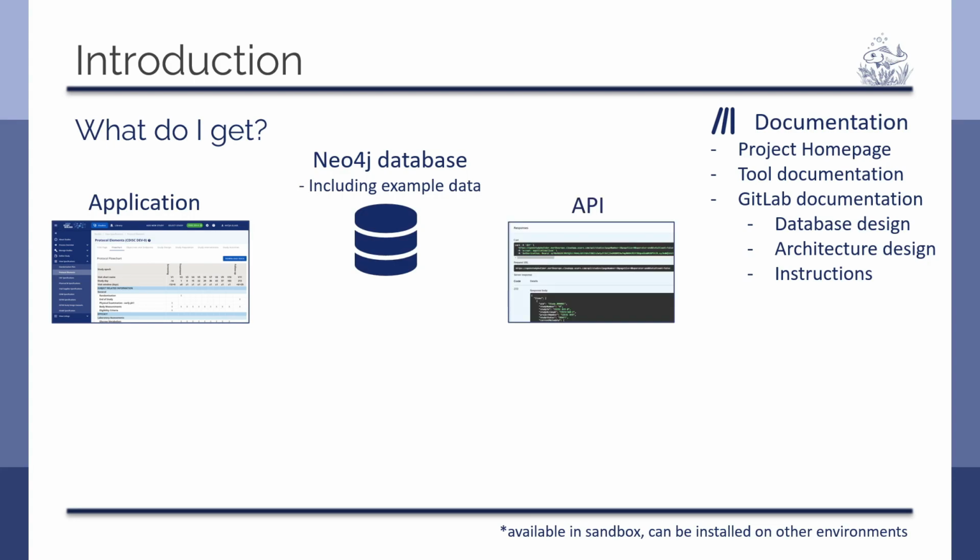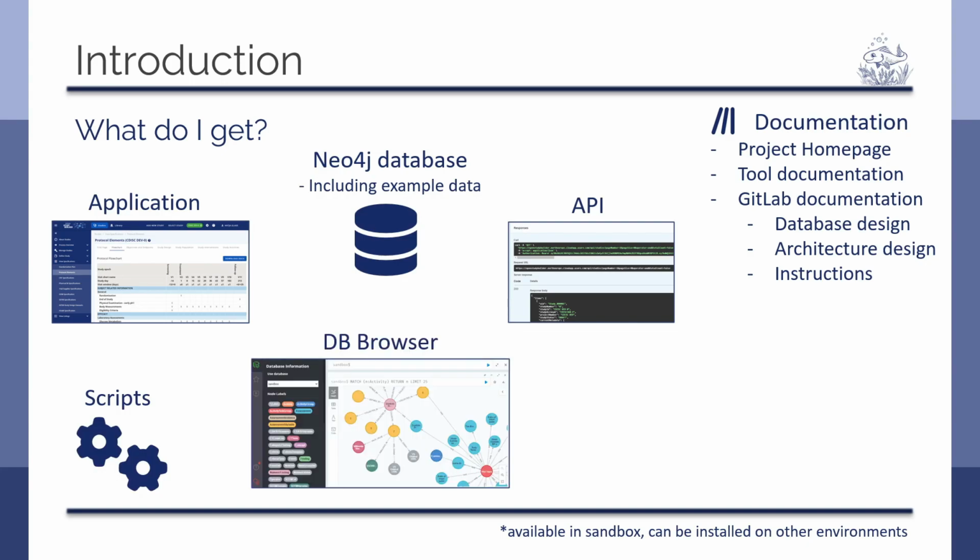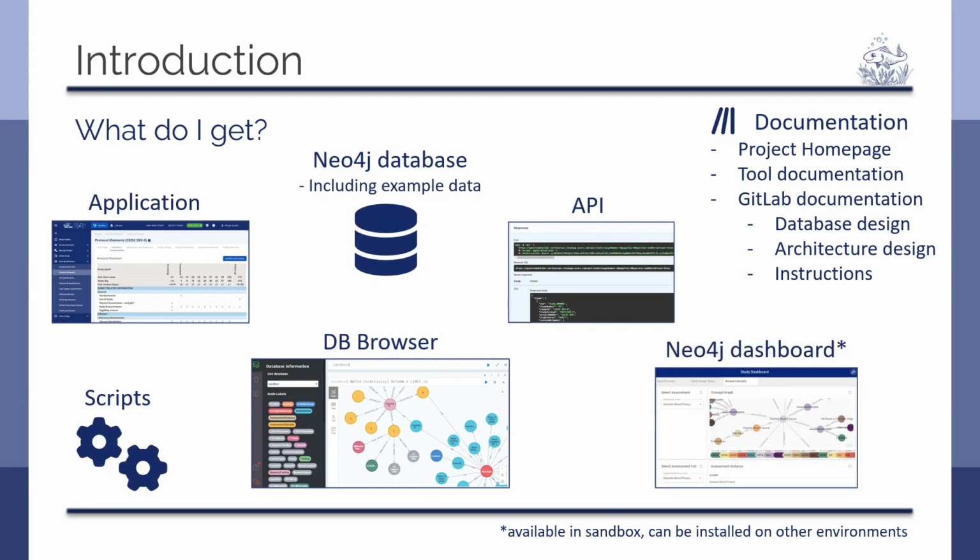But you additionally also get the API, which is of crucial importance for any follow-up automations or other tool developments. You do get scripts to load additional things into your database. There's a database browser where you can really browse the graph model, so what's in. And there's also a dashboard available, so you can check out in a dashboard what's in there.